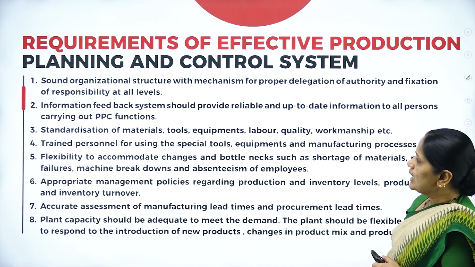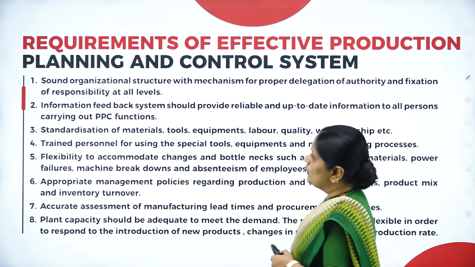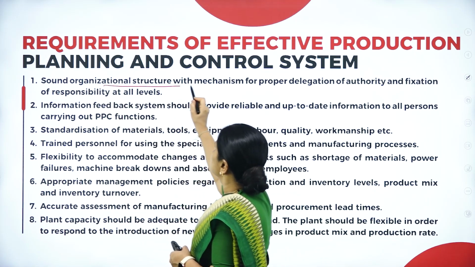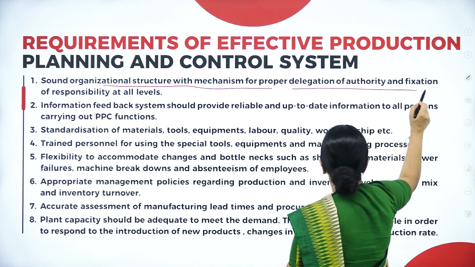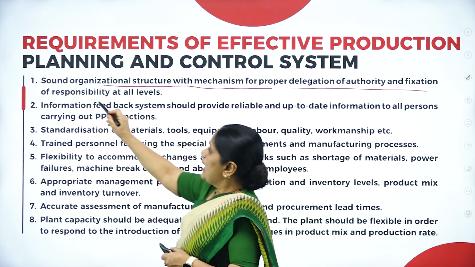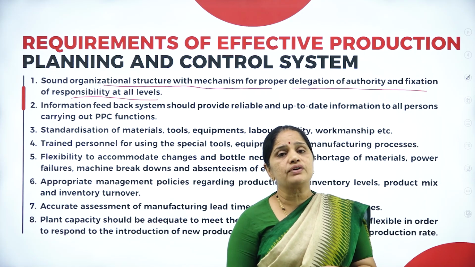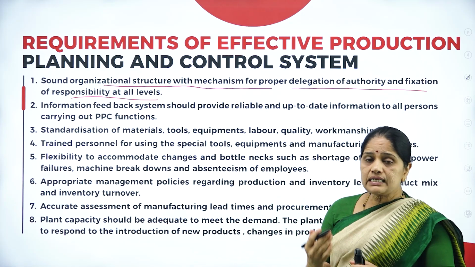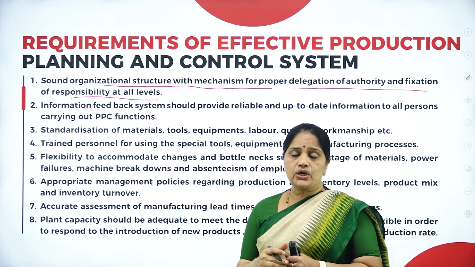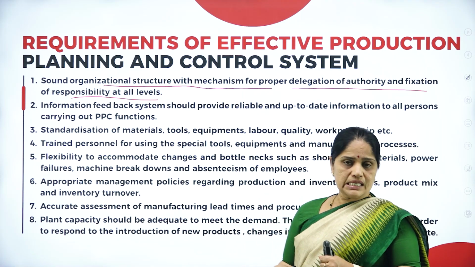Then what are the requirements for effective PPC? Sound organizational structure with mechanism for proper delegation of authority and fixing of responsibility at all levels. Now, delegation of authority is essential. It is nothing but transfer of authority from the superior to the subordinate.